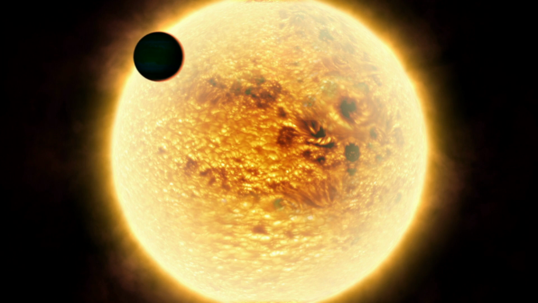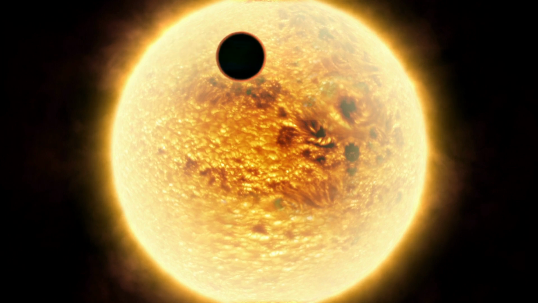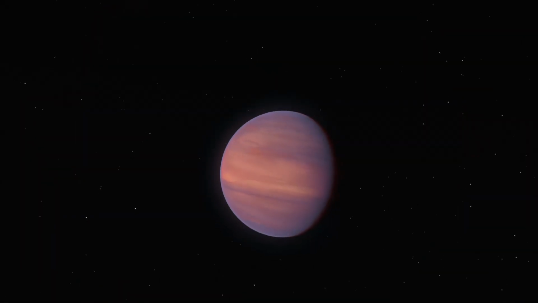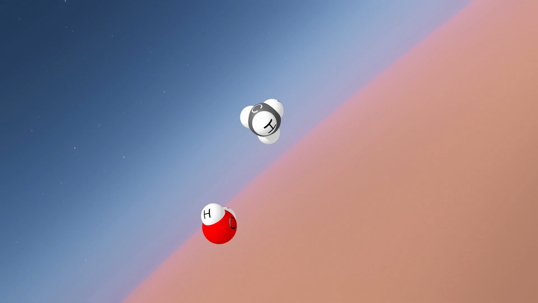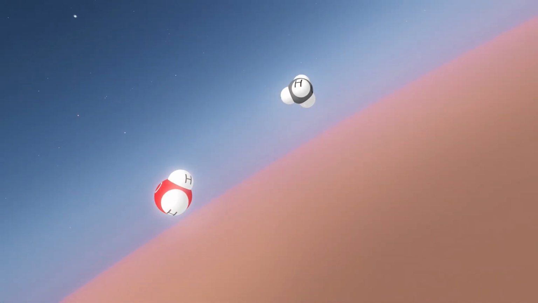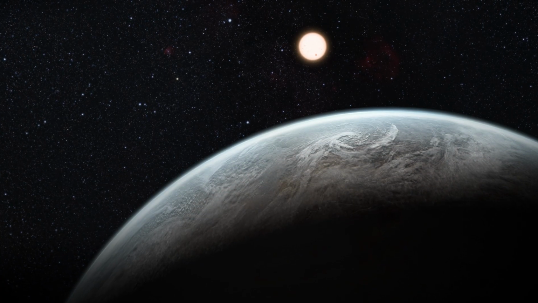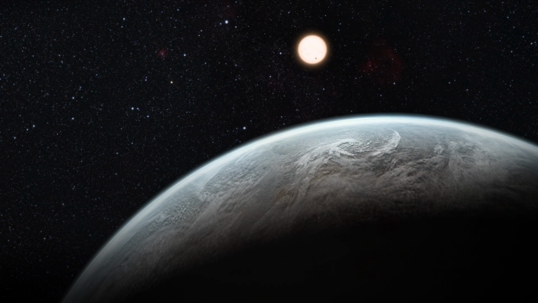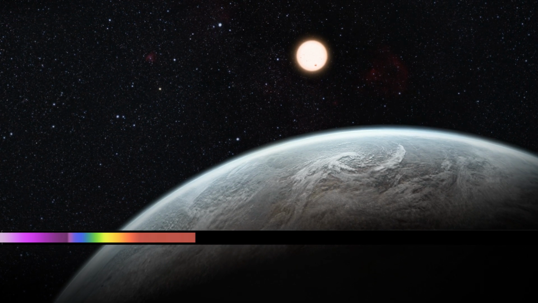The exoplanets are studied as they pass in front of their host star, as seen from Earth, when chemicals in their atmosphere leave their telltale signature in the spectra by filtering out certain wavelengths of starlight. In the search for signs of life, astronomers are looking for specific spectrographic signatures.